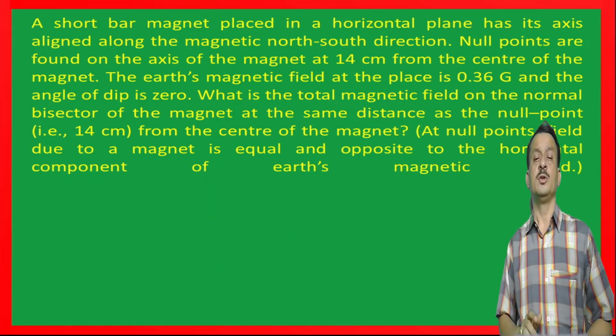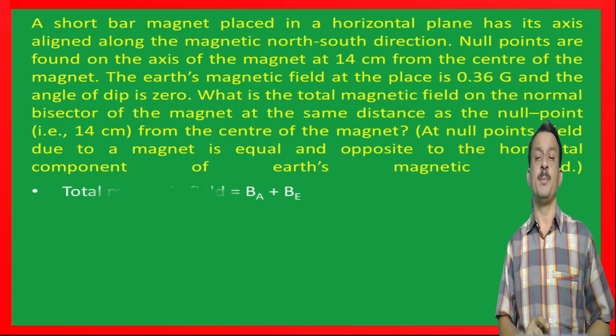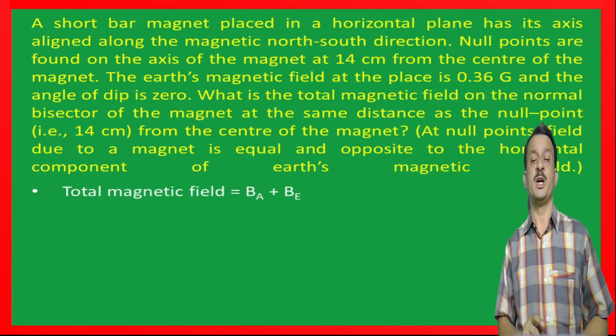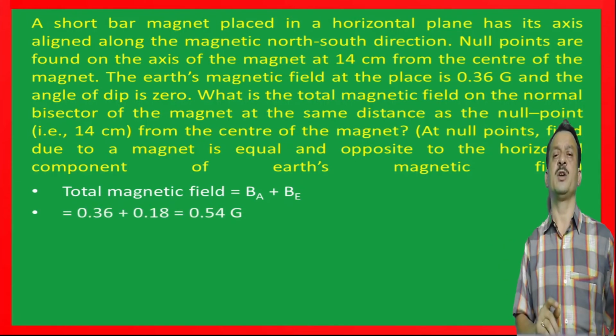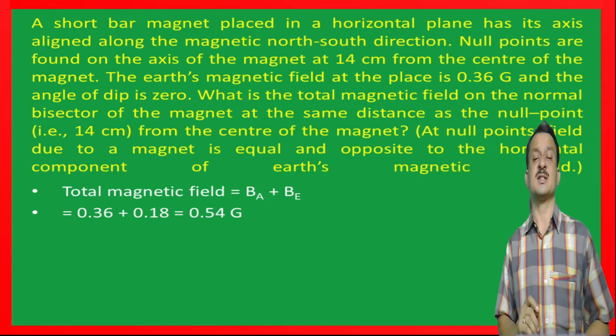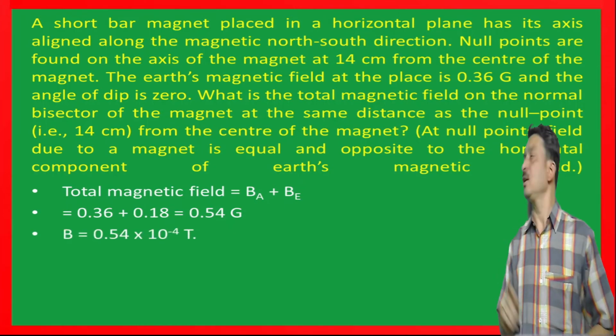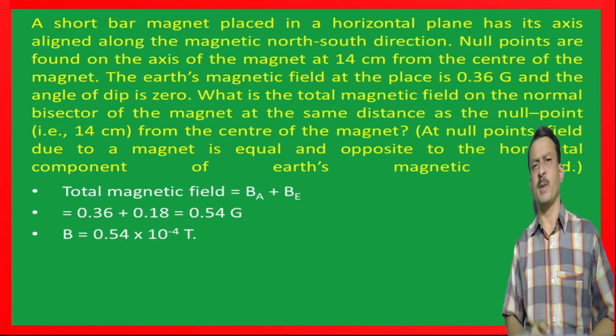Therefore, the total magnetic field is the vector sum BA plus BE. Now BA is 0.36 and BE is 0.18, that is equal to 0.54 Gauss. That is the net field. Or if you write it in SI unit, 0.54 into 10 to the power of minus 4 Tesla. Okay. Next problem.